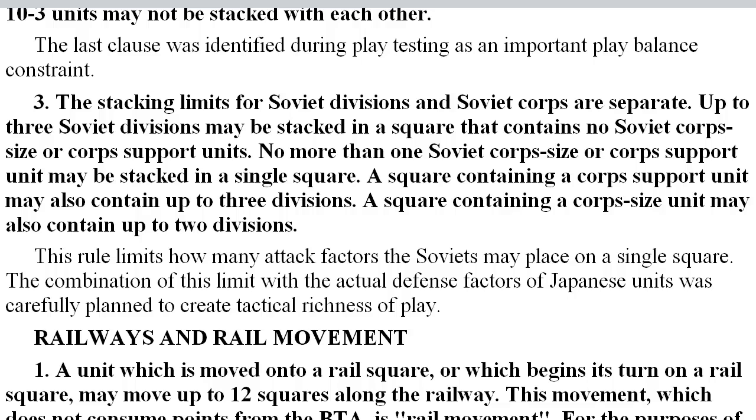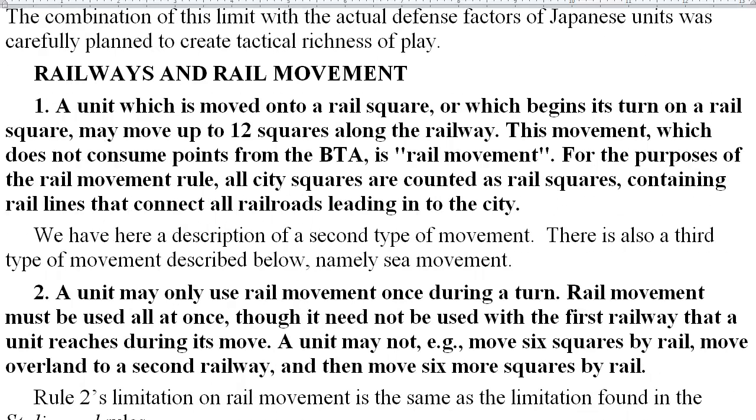That is, the game has been designed so that the number of combat factors the Russians can put on 1 square, or 2 squares, or 3 squares, and thus the strength of the Japanese unit that they can attack successfully at 3-to-1 if the unit is doubled, from 1, 2, or 3 squares, has all been computed out, in a way that is calculated to create interesting playing problems. Advance to rail movement.